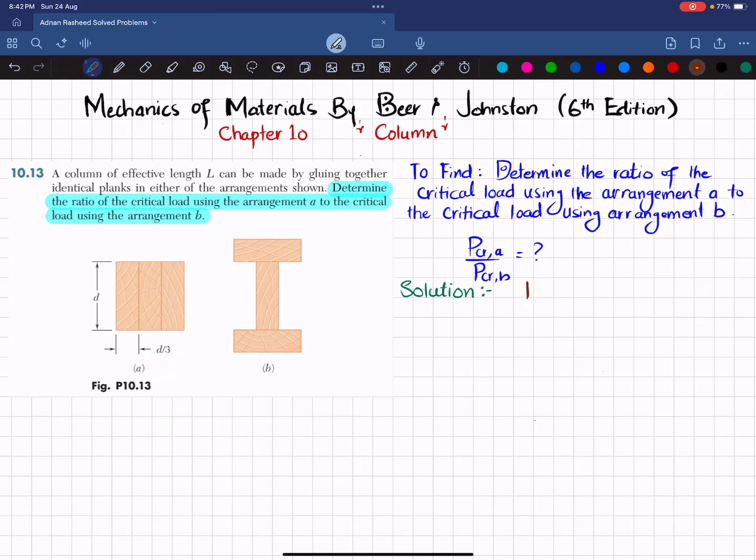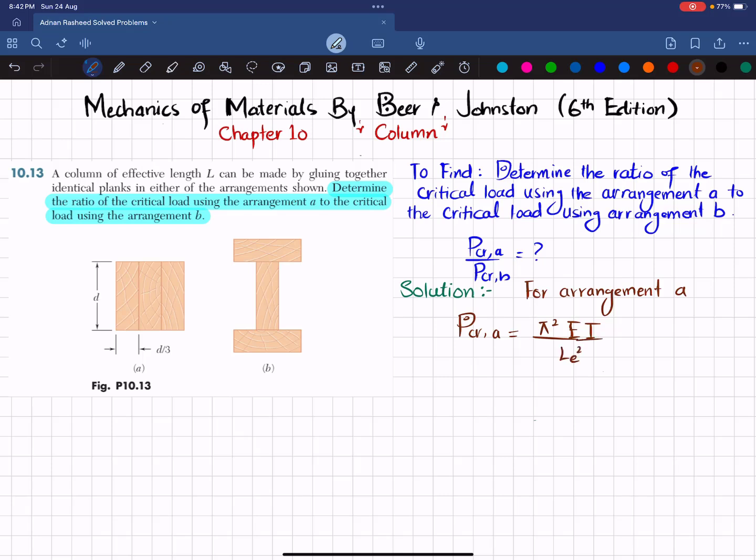For arrangement A, we know that the general formula for critical load can be written as pi square EI divided by effective length square.